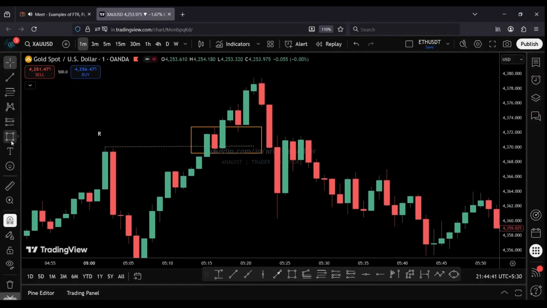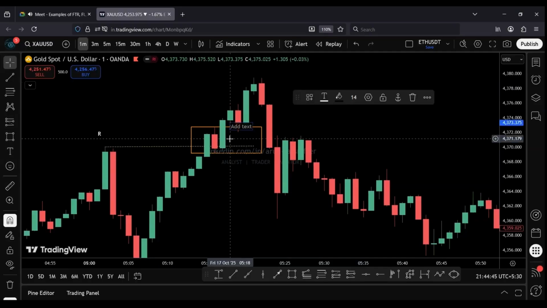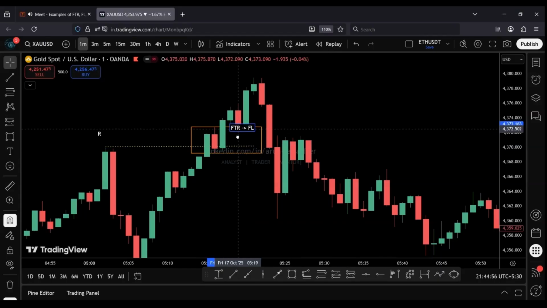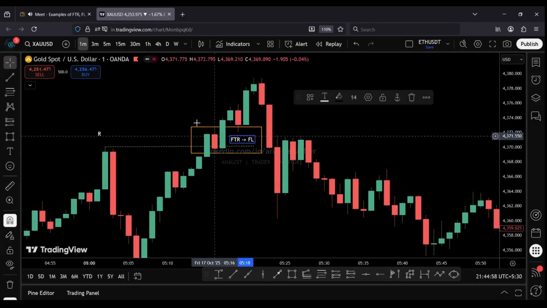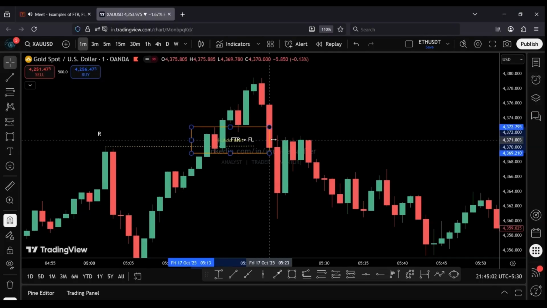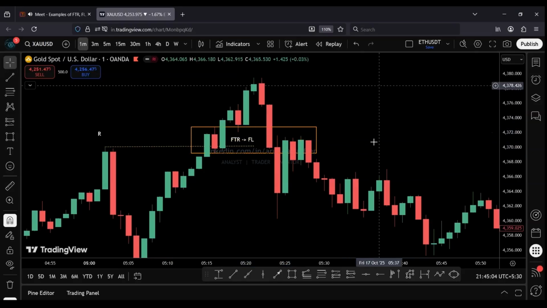So this will be our FTR, FTR converted to FL. Here FTR is converted to FL and price goes up here.